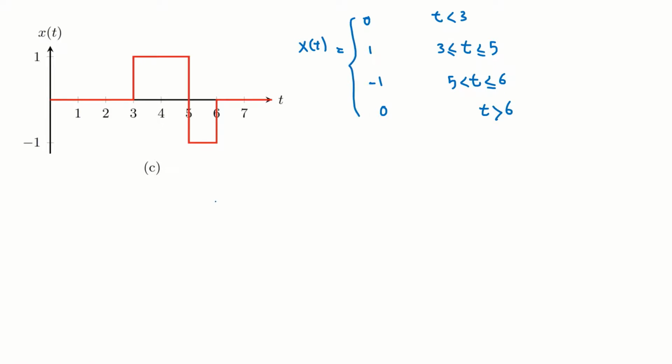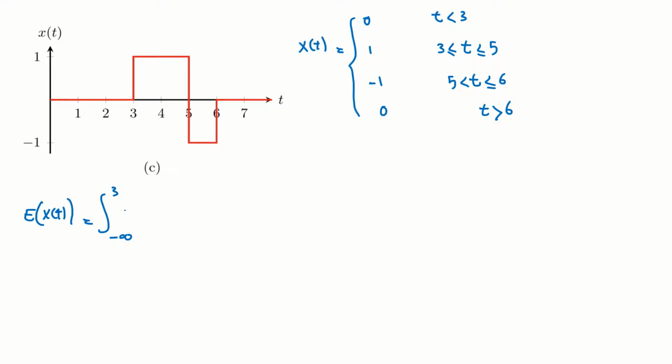Alright, now I can write the energy of the signal as the sum of integration over these 4 intervals. The energy of the signal is the integral of the signal from -infinity to 3. This time we know how to go step by step, so I skip the second step and directly write the value of the signal.